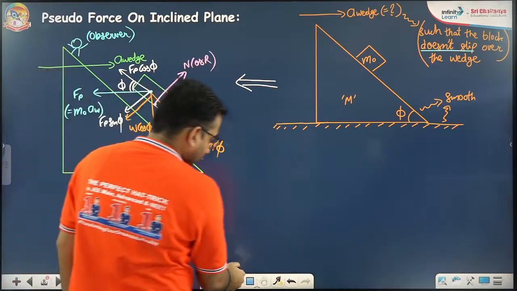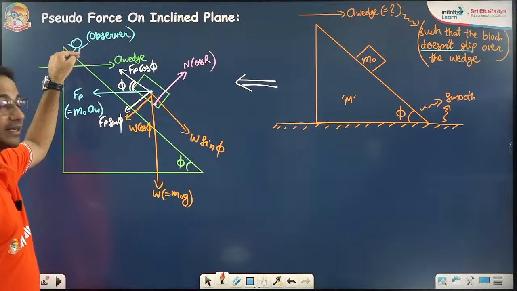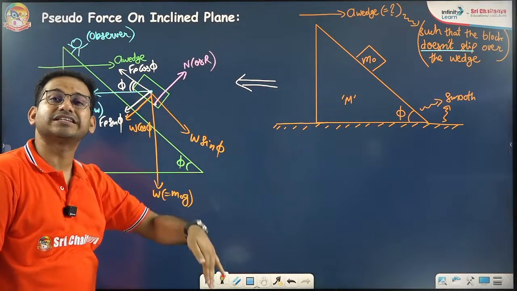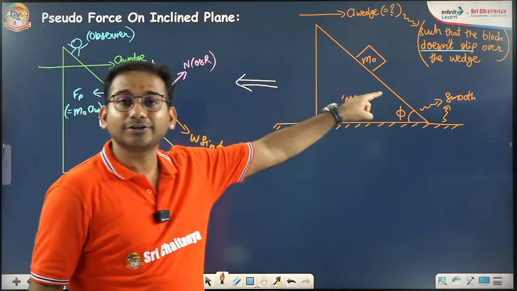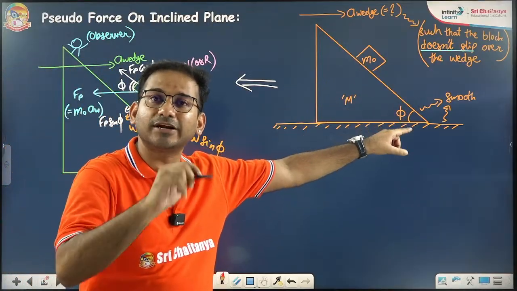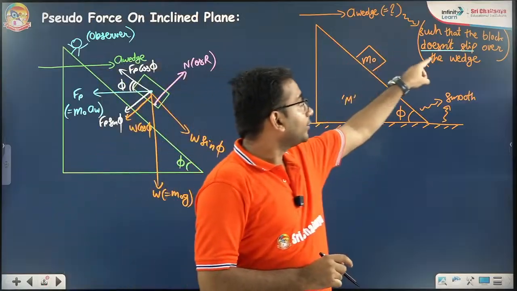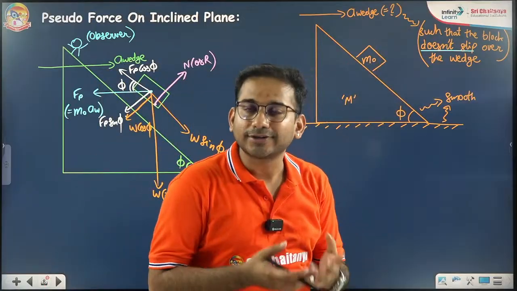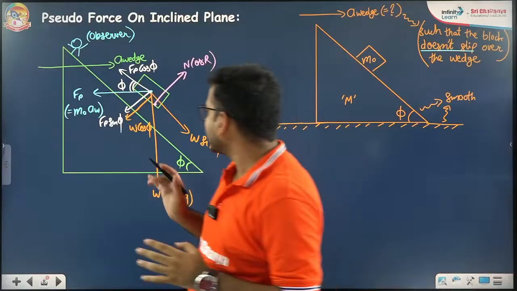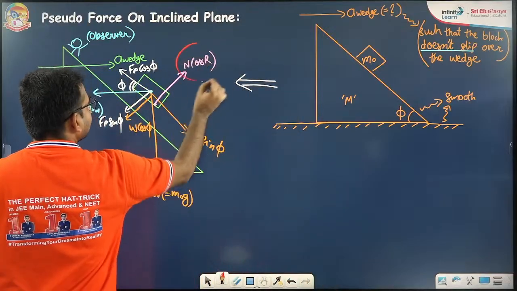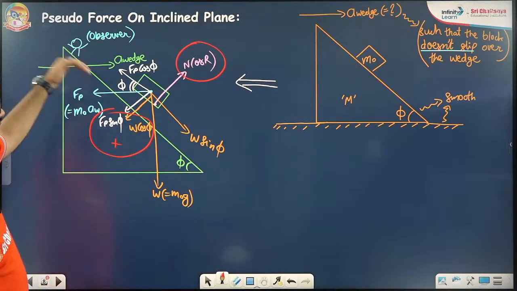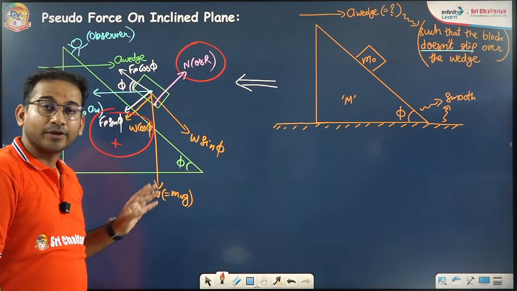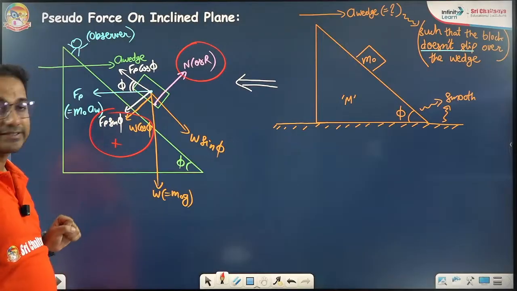So according to this observer, the block had the liberty to slip along the incline, not in the perpendicular direction. But according to the question, you don't even want the block to slip down over the incline. Perpendicular to the incline it was anyway unable to move, so this must be balanced by this.